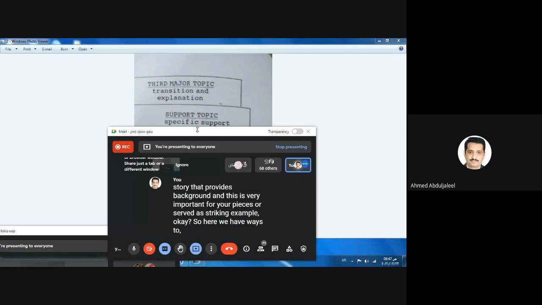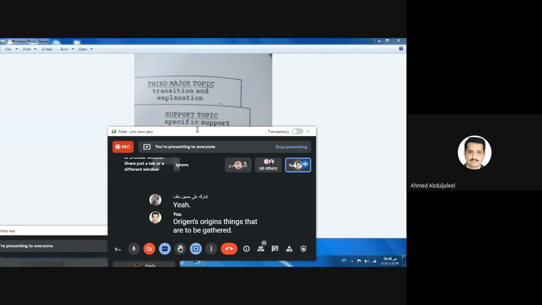So here we have ways to address the interest of readers. That is having background. What do we mean by background? The word background means that the problem that we are going to discuss is not out of nothing. There are what we call roots. You know the word roots? Origins, things that are to be gathered about the problem that we are going to discuss.